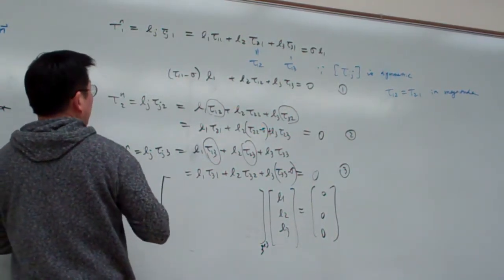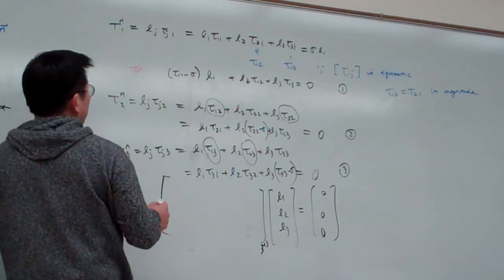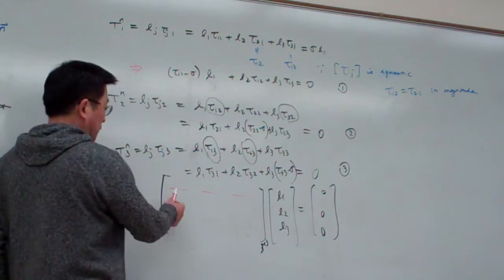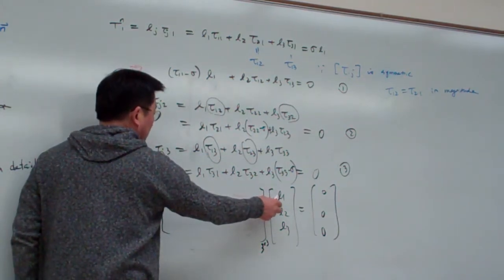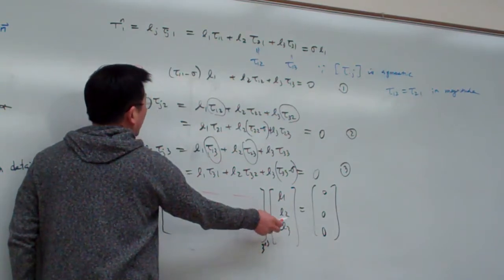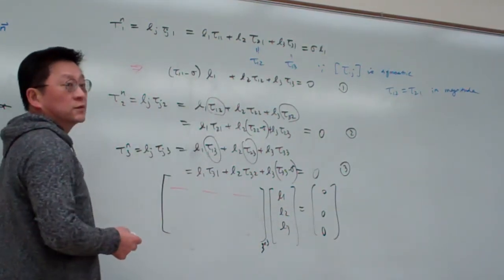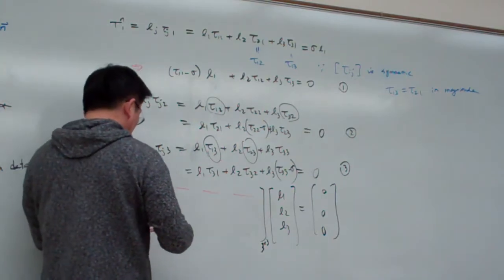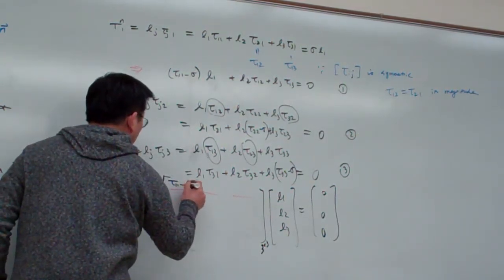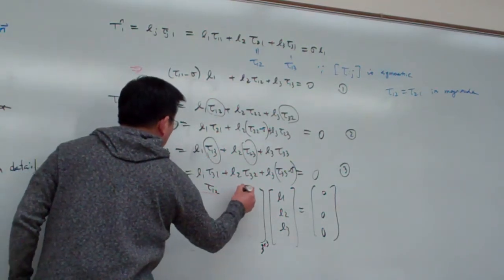The first equation is basically these three elements multiplied individually with the three variables, should be equal to the first equation. So that means the 3 elements are tau 1, 1 minus sigma, tau 1, 2, and tau 1, 3.